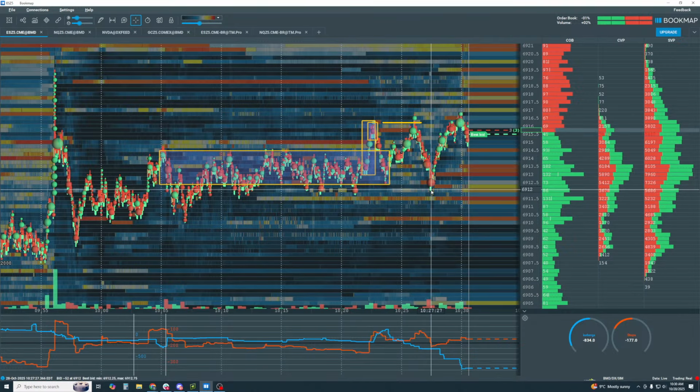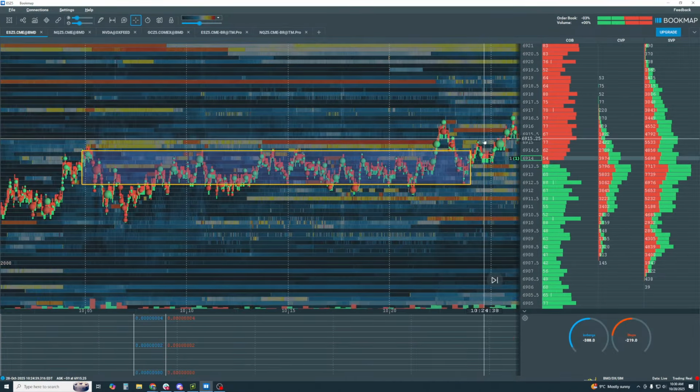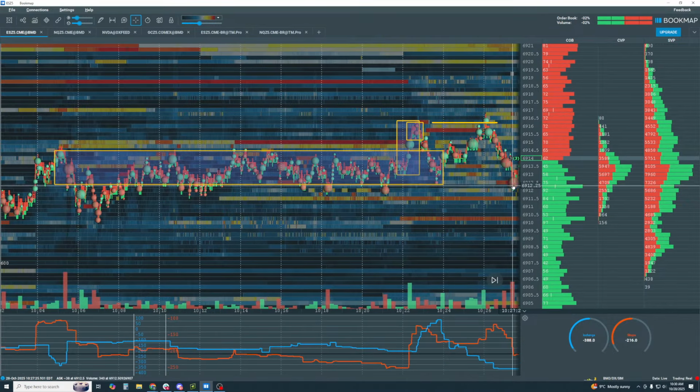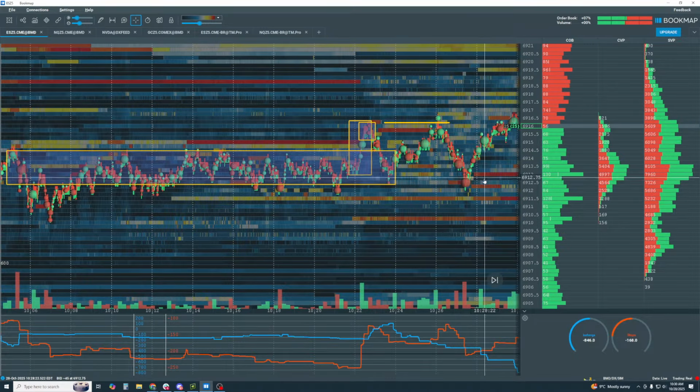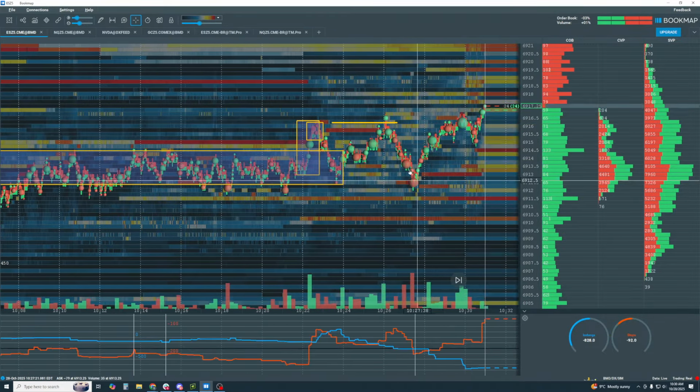Note here, this was set up really nicely right here. But we didn't even get down to the bottom edge of the price action. So again, you wouldn't have gone for it. You wouldn't have been trapped up in here. We're looking for a decisive move.